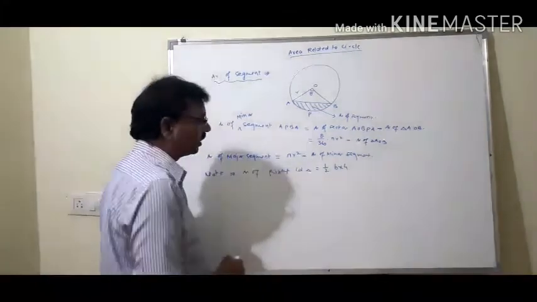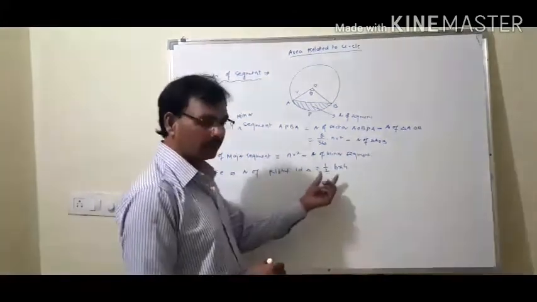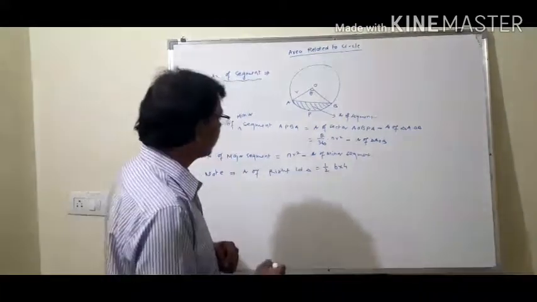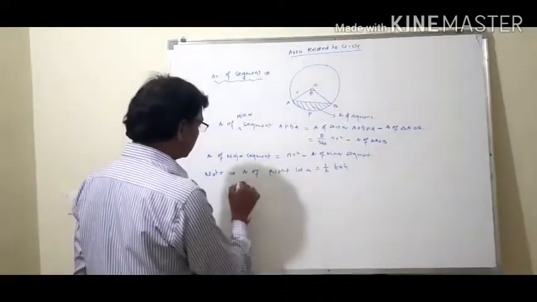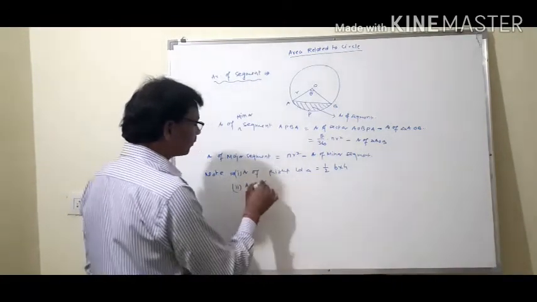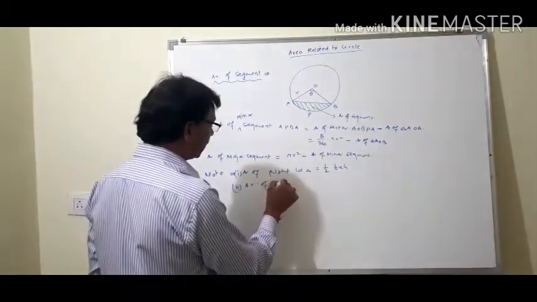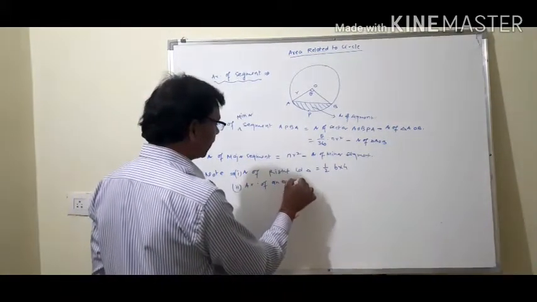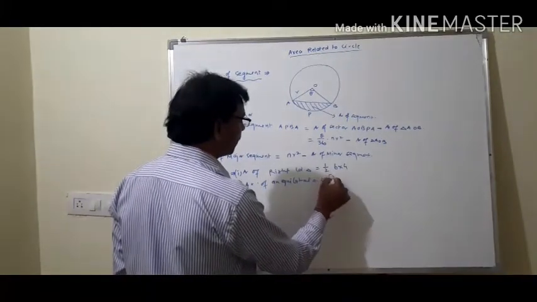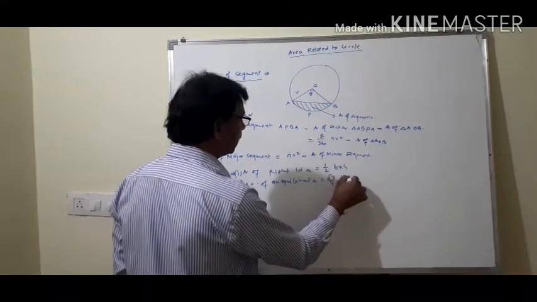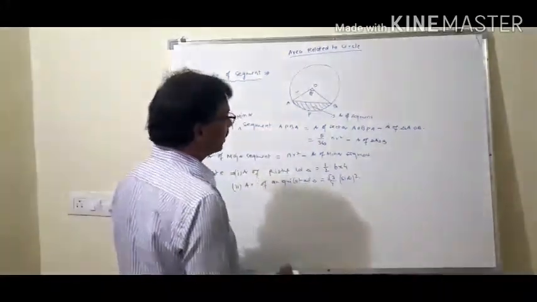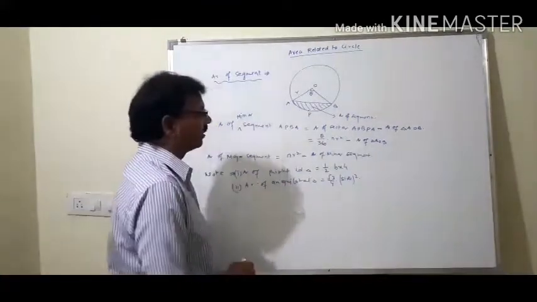This formula is very popular and you have already studied it from the earlier classes. And the second is the area of an equilateral triangle, which is equal to root 3 upon 4 into the square of the side. These are the two main formulas for finding the area of a triangle.